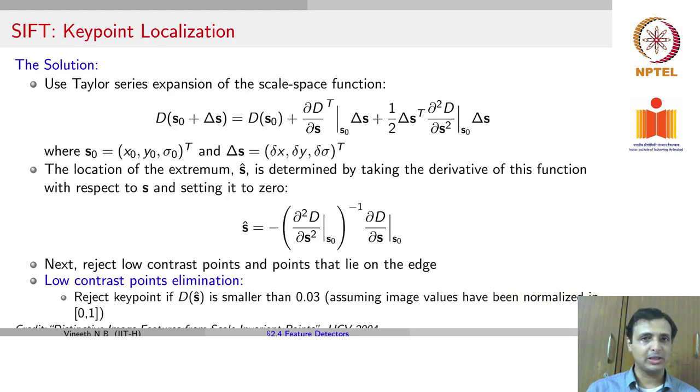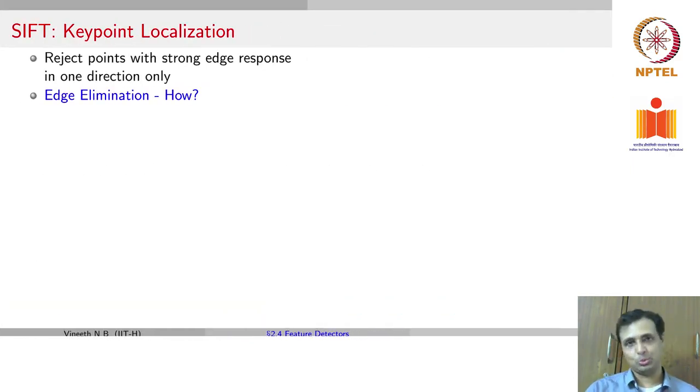We remove low contrast points by simply saying that if D at S hat, which is that new location, is smaller than a certain value, 0.03, if that value is small, the difference of Gaussian output there is very small, assuming of course that your image values have been normalized in a certain range. We're going to say that the value is too small and we can actually reject it and not consider those points for future processing. How do you remove edge points though?